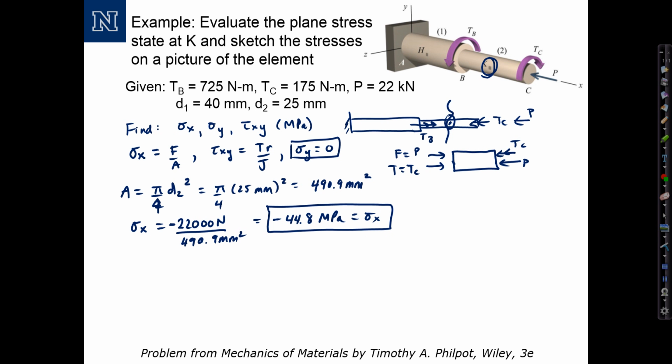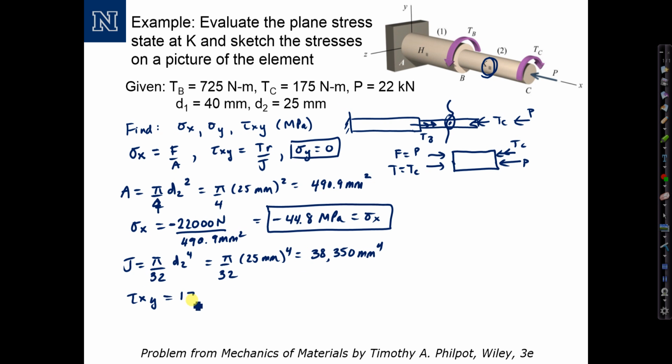Okay? Tau xy equals TR over J. We need to compute J. J for a solid circular shaft is pi over 32 times d2 to the 4th equals pi over 32 times 25 millimeters to the 4th, which is 38,350 millimeters to the 4th. So we'll compute tau. Tau xy equals T, 175 newton meters.